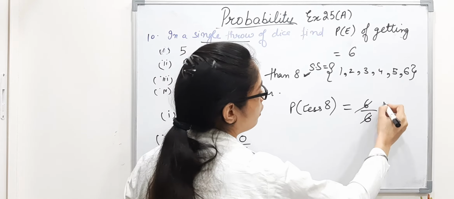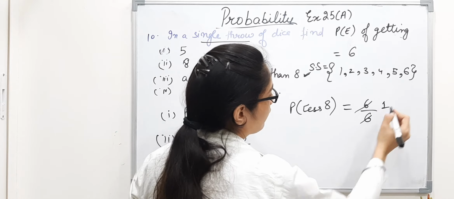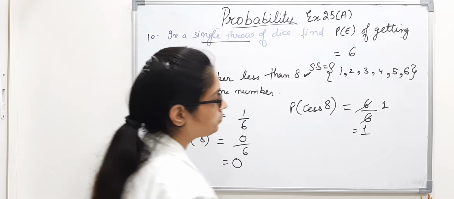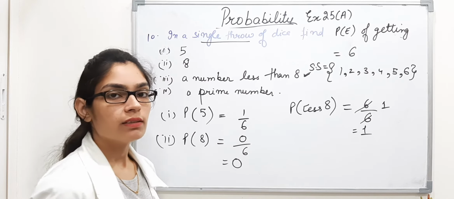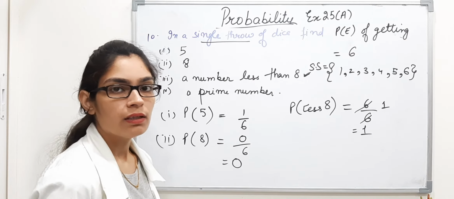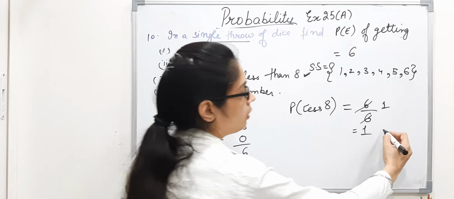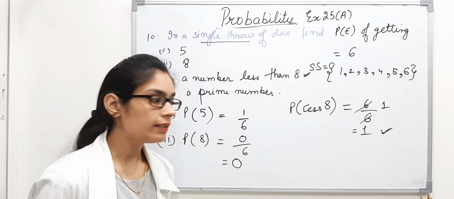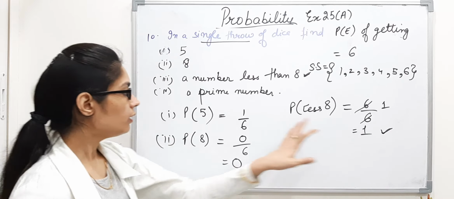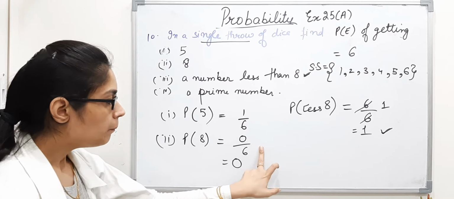So 6 and 6 will get cancelled, and I will get 1. Which means this is my sure event. This thing will surely happen. Why will it surely happen? Because all the numbers are less than 8. So this is my sure event and that was my impossible event.